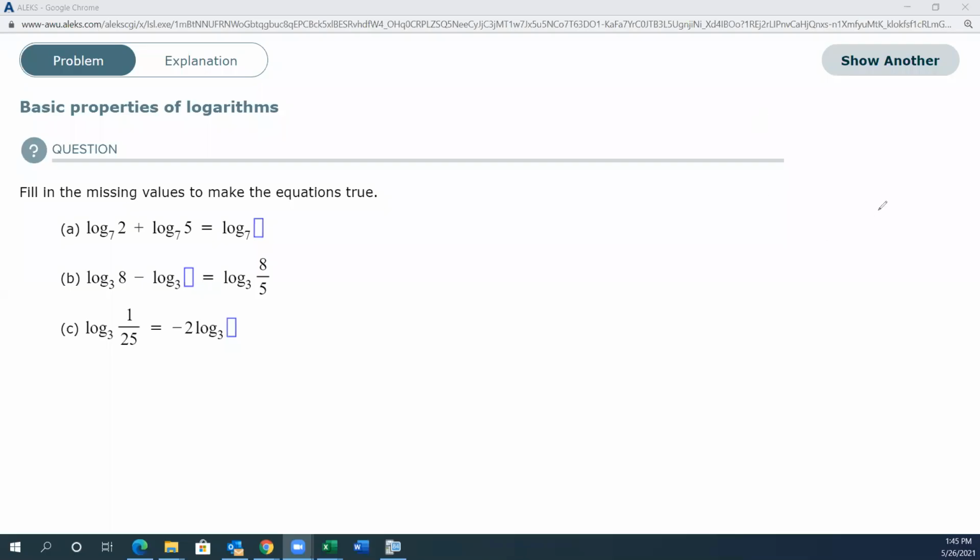Okay, so now we need to talk about the three basic rules or properties of logarithms.